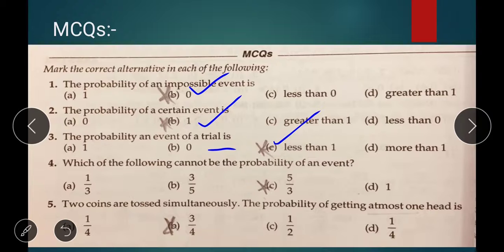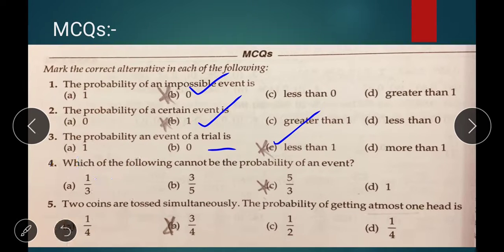Which of the following cannot be the probability of an event? 1 by 3, 3 by 5, 5 by 3 and 1. Students listen, if you divide 1 by 3, you get 0.666 something.